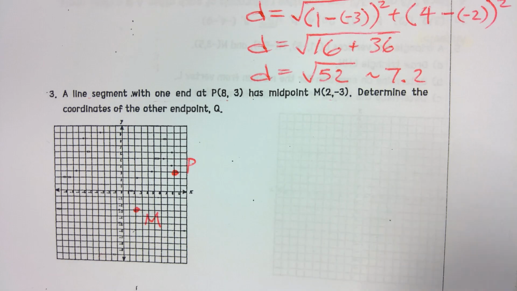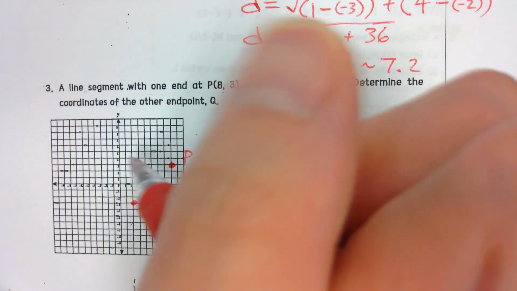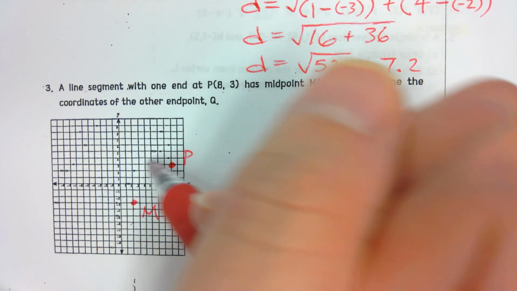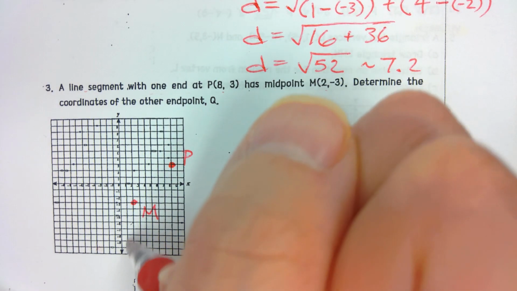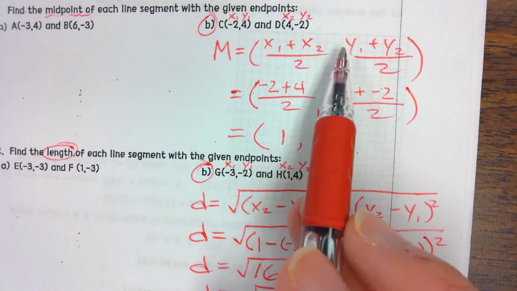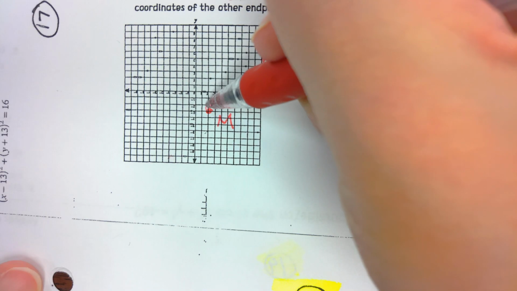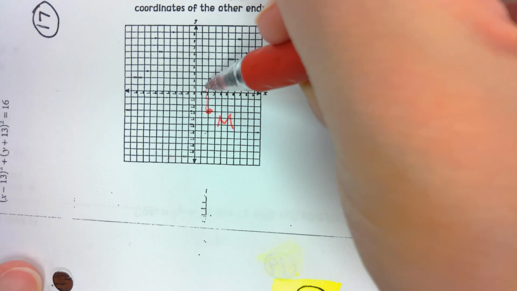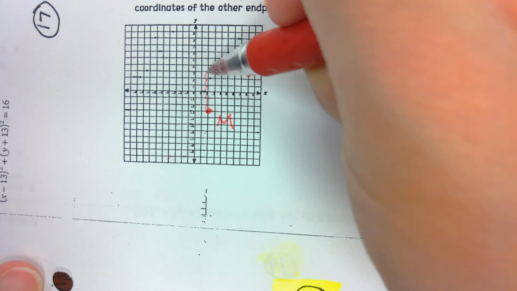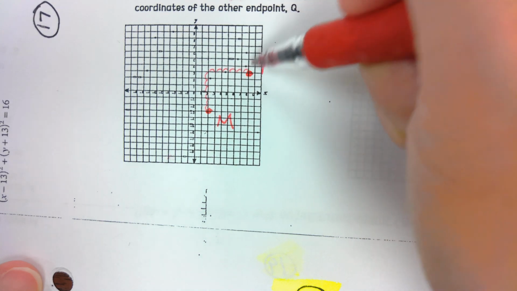Two different ways. One, if I give you the grid, you can simply count your rise over run and then go to this point over there, or you can do it mathematically using this formula. I think just doing this is probably easier. So 1, 2, 3, 4, 5, 6, up 6. 1, 2, 3, 4, 5, 6, over 6.